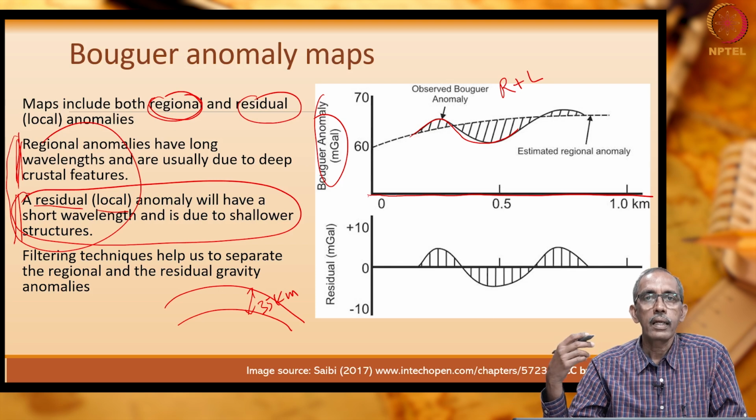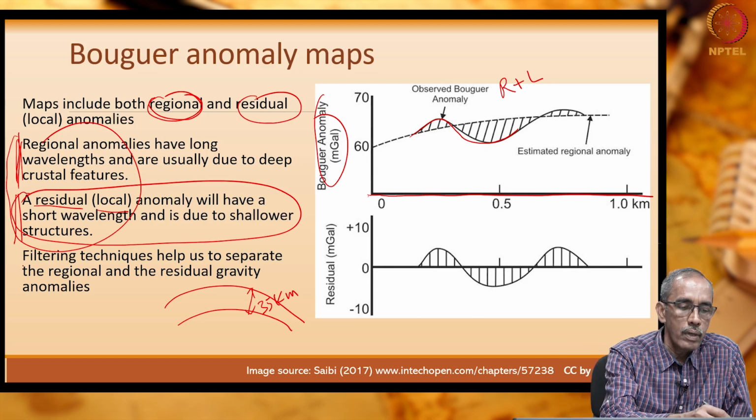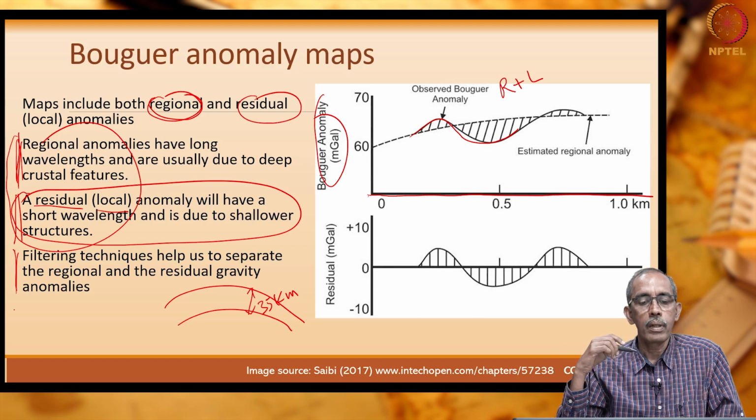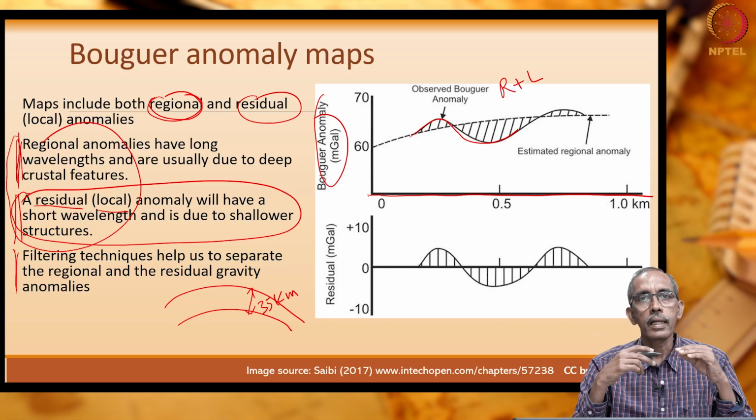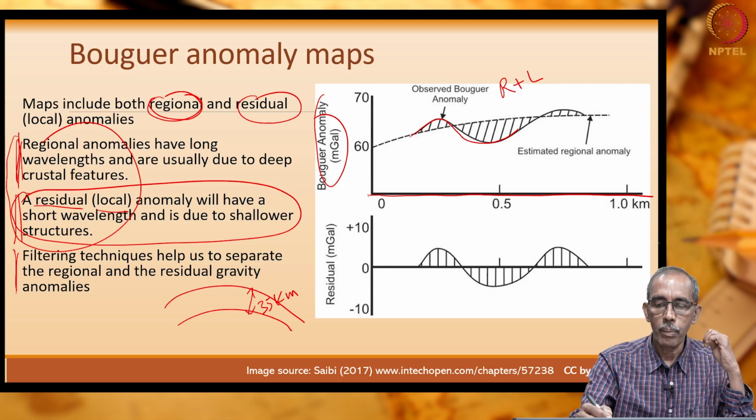There are different techniques available which are beyond the scope of this subject, right. There are several filtering techniques that help us to separate the regional from the local anomalies, right. So, such a technique has been employed here.